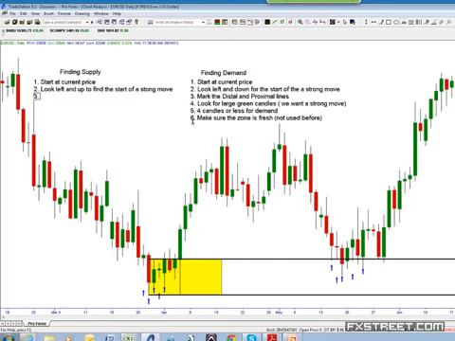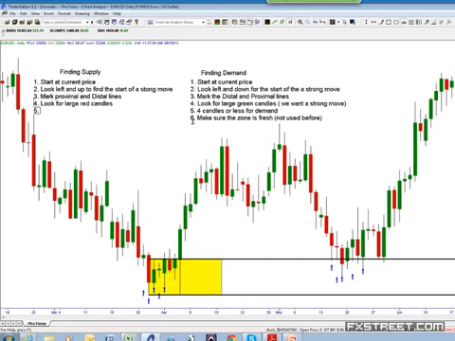Number 3, mark the lines. Number 4, look for large red candles. We want a strong move there as well.